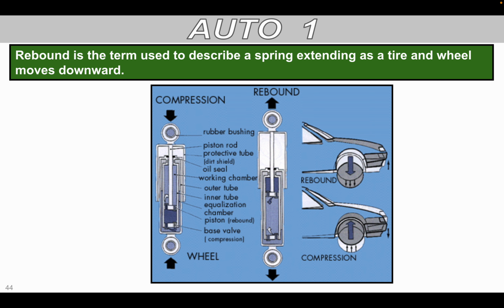All right, jounce and rebound. The spring compressing and extending. And we know what's being extended and compressed based off of the wheel movement, up and down. If we work our way back into yesterday's information, the more weight my chassis is, the more sprung weight I have, the more energy it's going to take from that road to compress that spring and then have that energy transferred into the vehicle to move the vehicle.